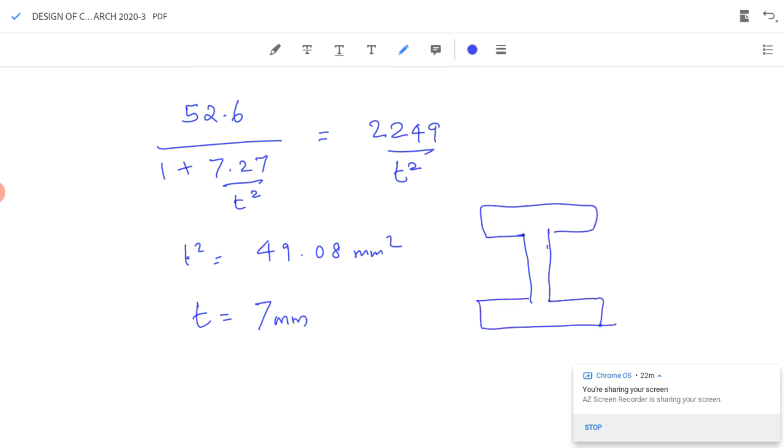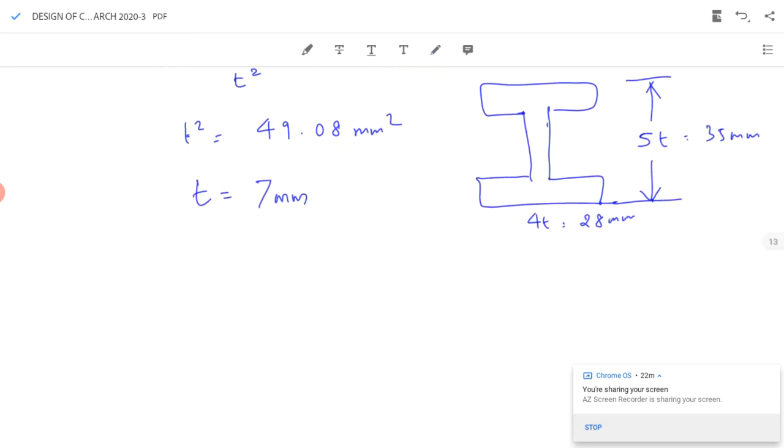As per the drawing, 4T equal to 28 mm, and the total height was equal to 5T, 5T equal to 35 mm. So, we have found all the dimensions of the cross section of the connecting rod.